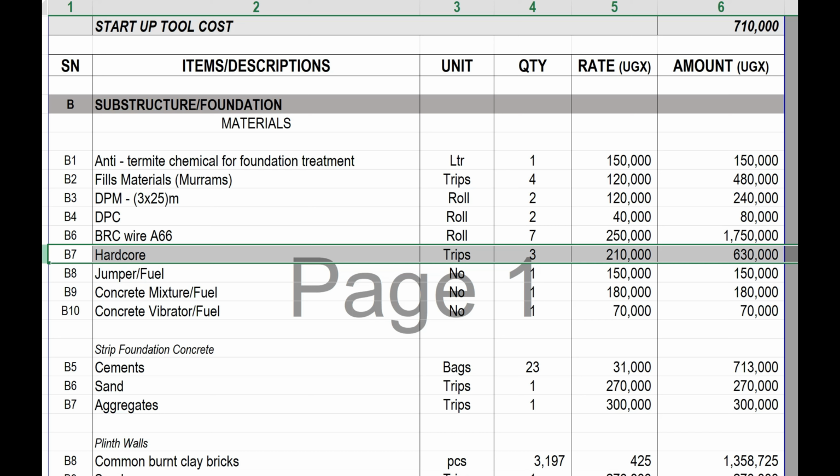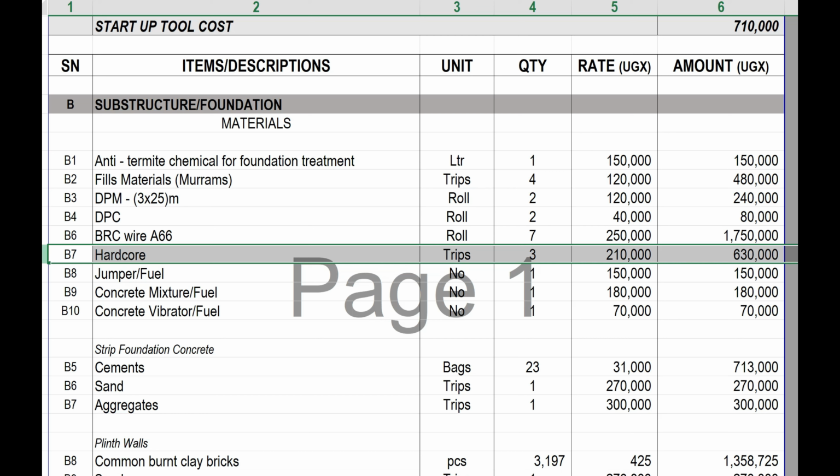So my trips are going to be in forwards whenever you see trips. So three trips of hardcore can be enough, at 210,000 each, totaling 630,000.